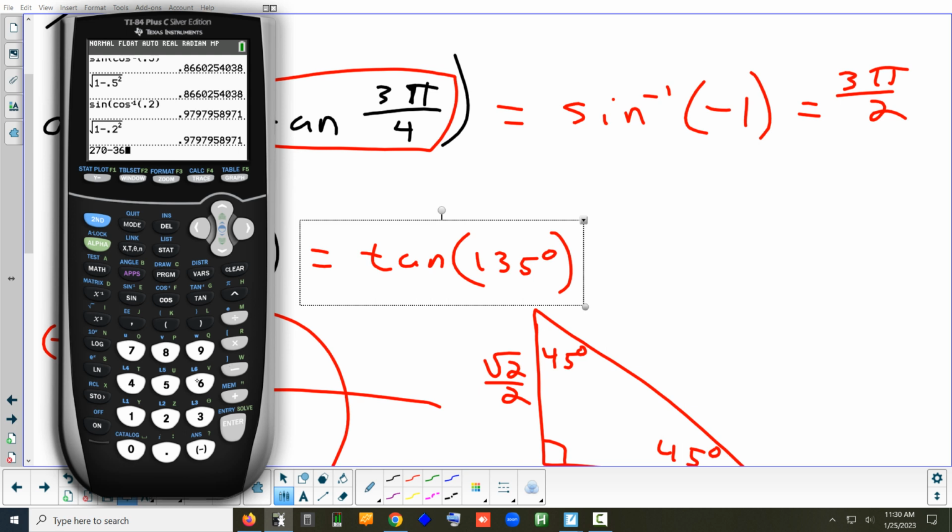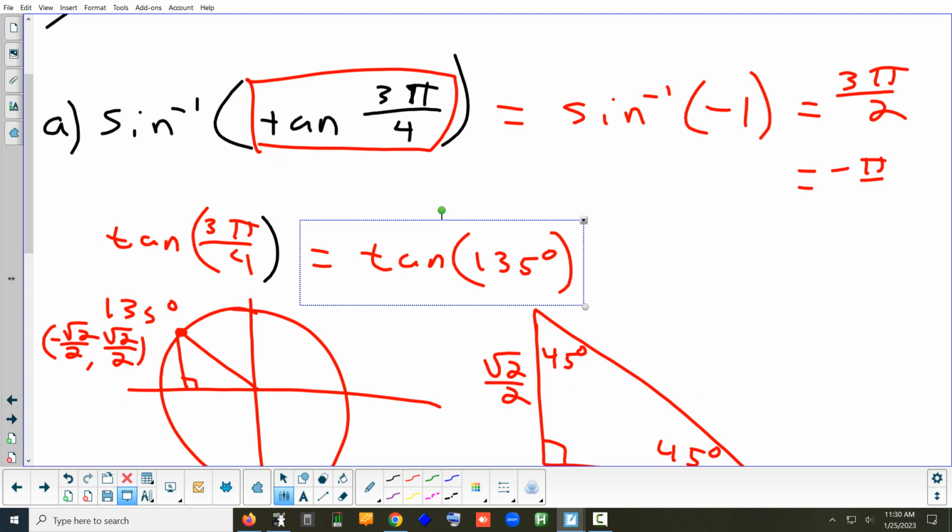And if I subtract 360, it's the same as -90. What's -90 in radians? Negative pi over 2. So either one of these answers is correct. It just depends if they specified to write your answer between this and this.